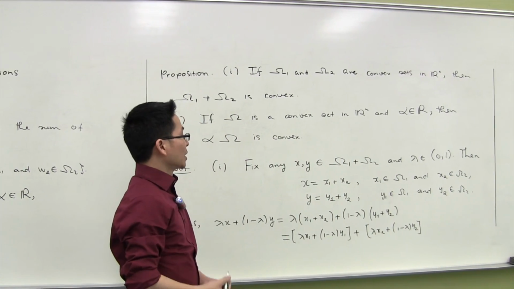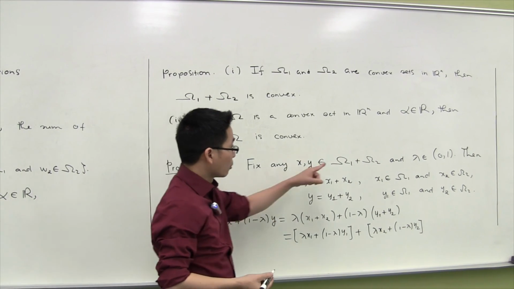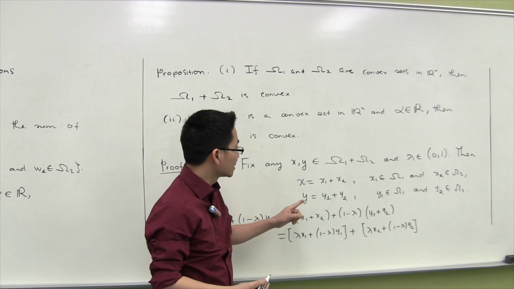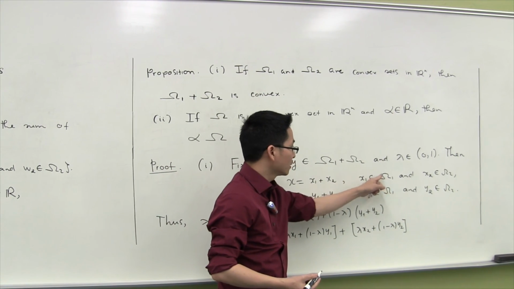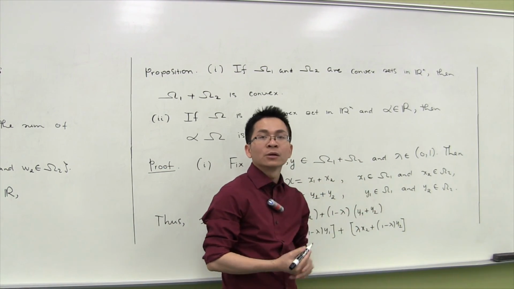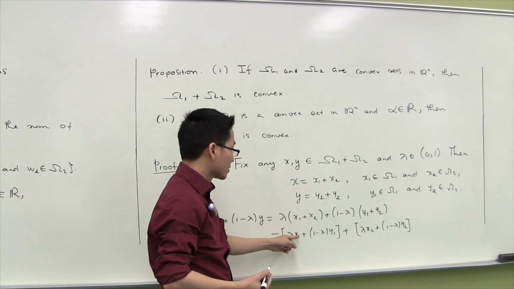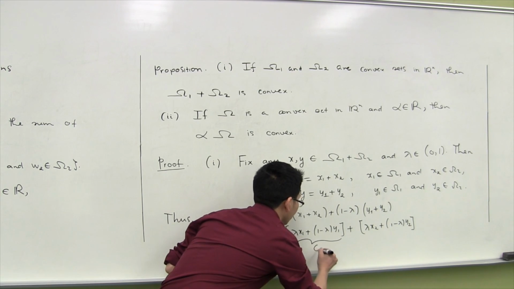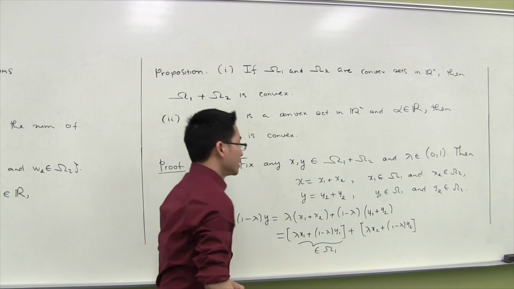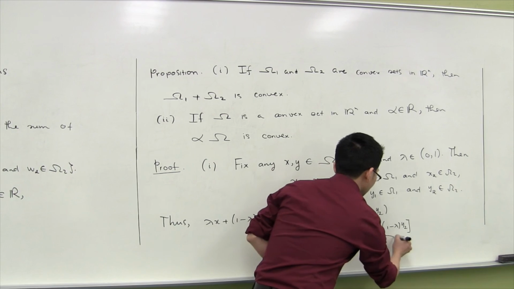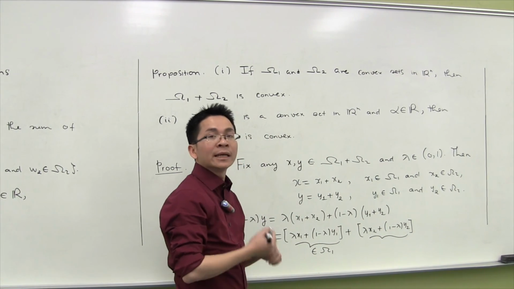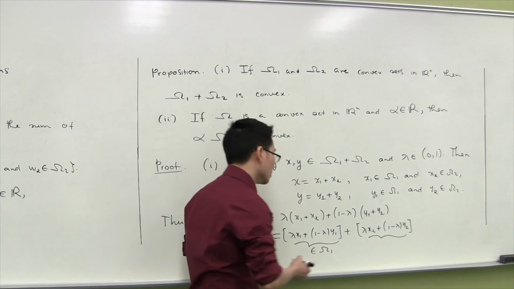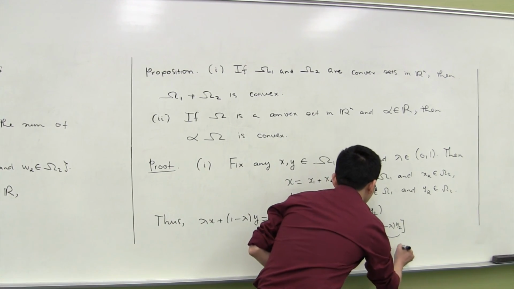Okay, now because omega 1 is a convex set in Rn, and here we have that x1 is in omega 1, y1 is also in omega 1. So lambda x1 plus 1 minus lambda y1 is an element of omega 1. Similarly, because omega 2 is a convex set, lambda x2 plus 1 minus lambda y2 belongs to omega 2.